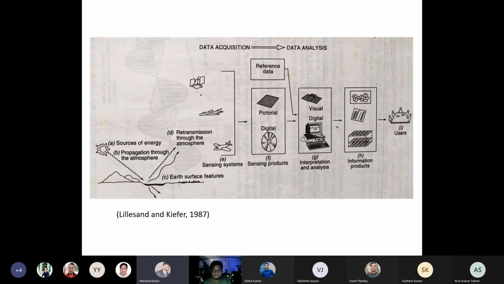Similarly, in the first semester course we have GDP, geospatial data processing, where you will learn different mathematical aspects and concepts, specifically the mathematical concepts which we use for data processing.